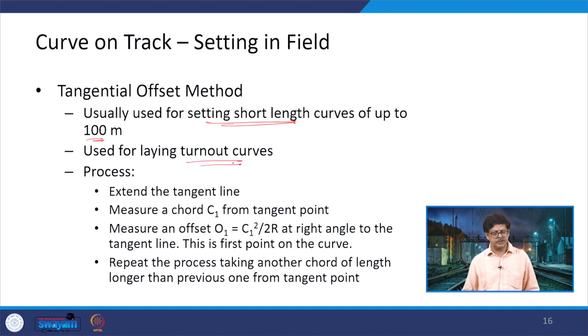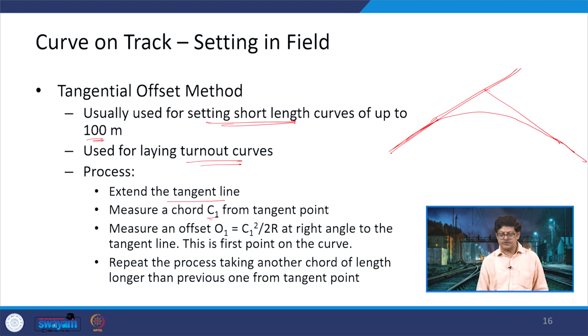What is the procedure in this? The procedure is that we extend the tangent line. So, this is the tangent line which we have discussed, and the curve is being provided in between. This tangent line is being extended. Measure a chord C1 from the tangent point. So, this is the TC point.